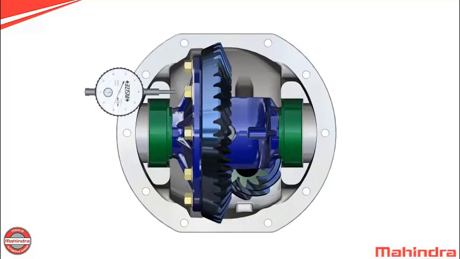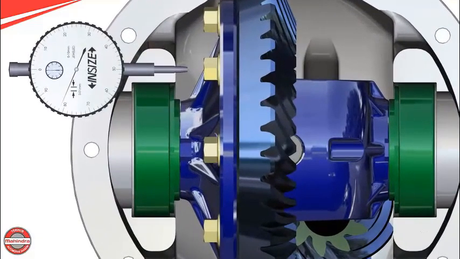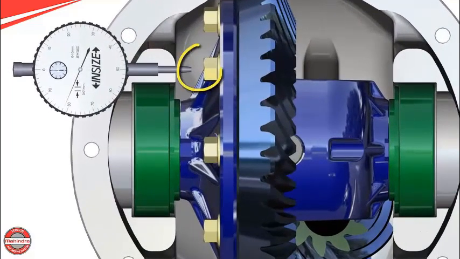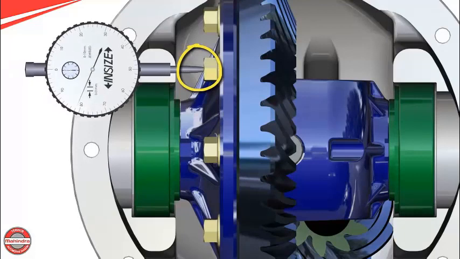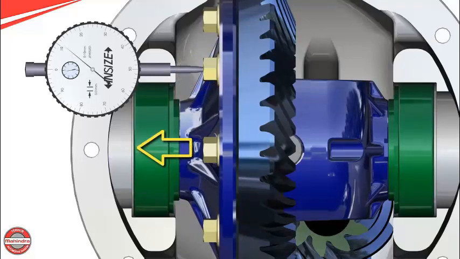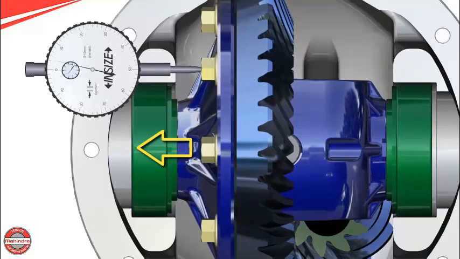Place dial indicator with magnetic base on housing. Locate tip of dial gauge indicator on the surface of one of the ring gear bolt heads parallel to the housing top and perpendicular to the differential assembly. Force differential case assembly away from the pinion gear in the direction towards the indicator.